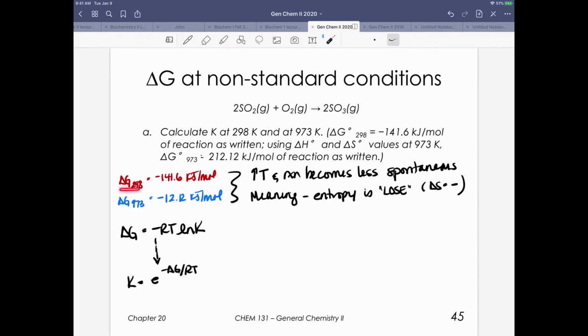So again, the delta G for this process at 298 is minus 141.6, and it becomes less spontaneous as we increase temperature. That's something we've seen before. When it becomes less spontaneous as we increase temperature, that must mean that entropy is not helping us. Entropy is a losing component in this process. So delta S must be negative.